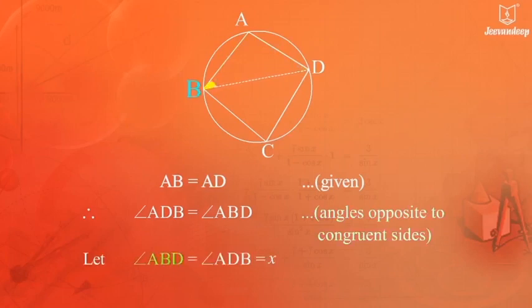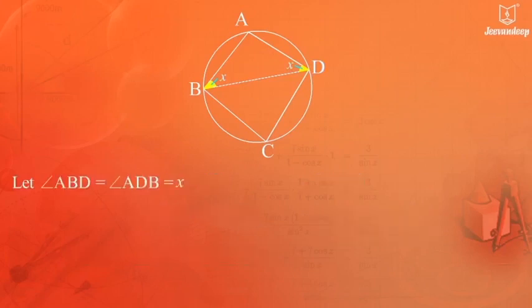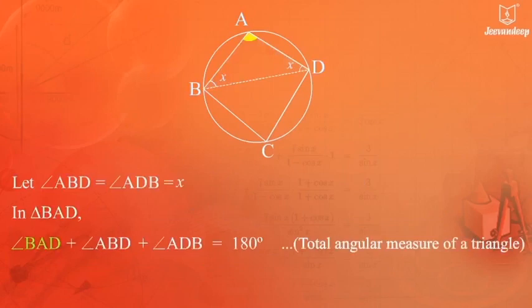Let angle ABD equal angle ADB equal x. In triangle BAD, angle BAD plus angle ABD plus angle ADB equals 180 degrees, the total angular measure of a triangle.